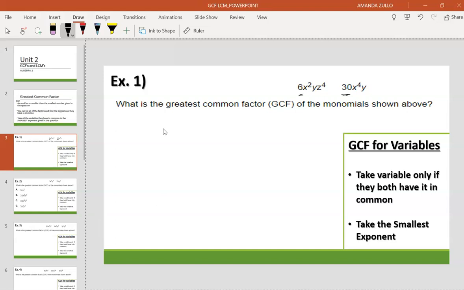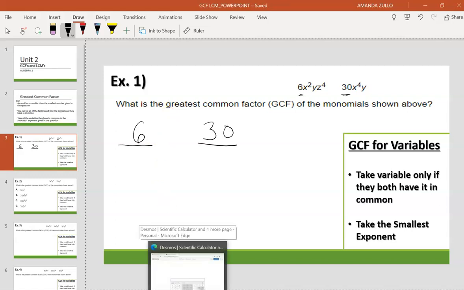So I'm going to list all of my factors of 6, and then I'm going to list all of my factors of 30. We briefly did this during the square roots unit, listing factors, but let's go back here and remember how we do this.